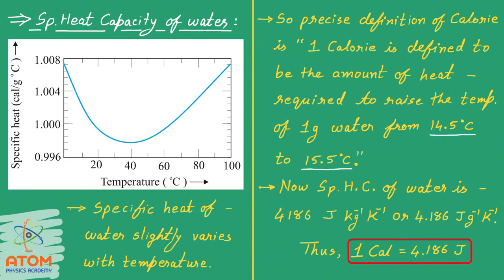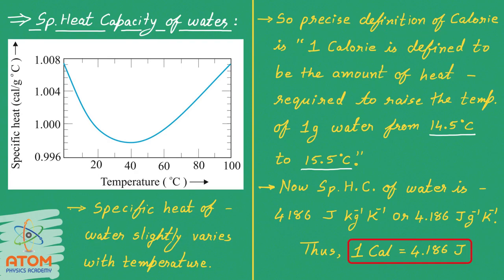Let me elaborate. When you take 1 gram of water and increase its temperature from 14.5 to 15.5 degrees Celsius, which is exactly 1 degree Celsius of difference, the heat required is known as 1 calorie, right? So this is the precise definition of calorie.